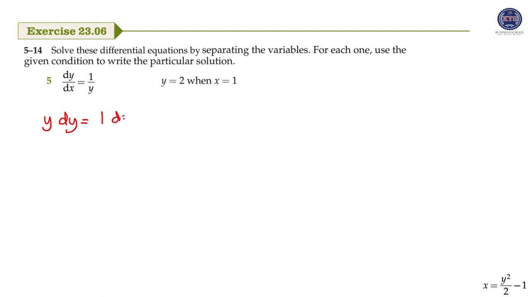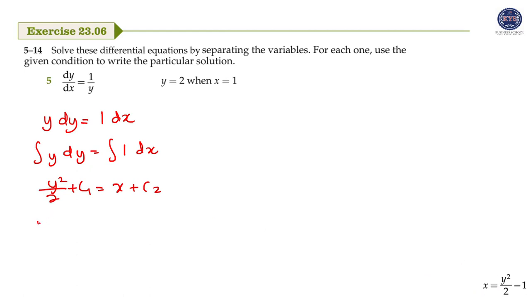So 1 dx integration. Therefore, y squared over 2 plus c, x plus c. Okay, so in this case, use x as the subject.